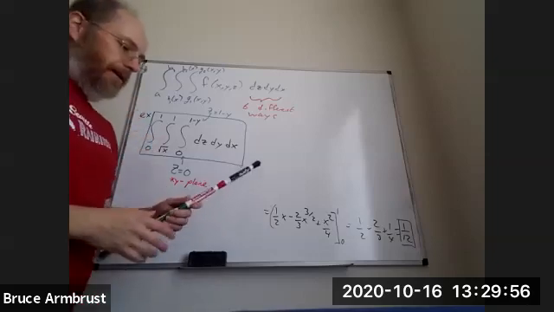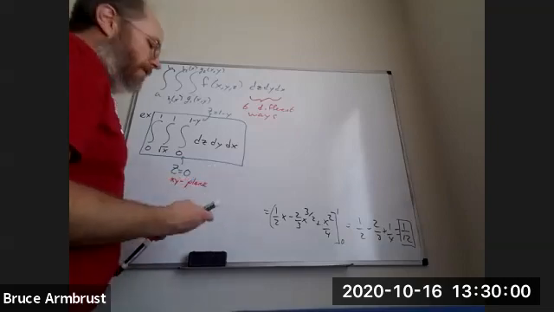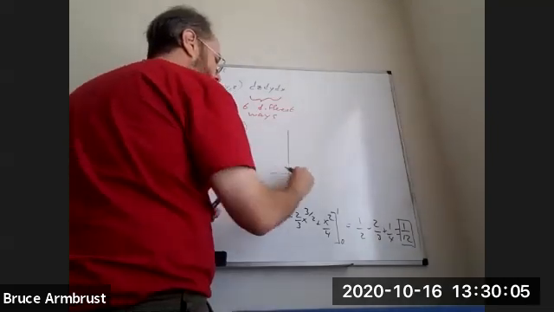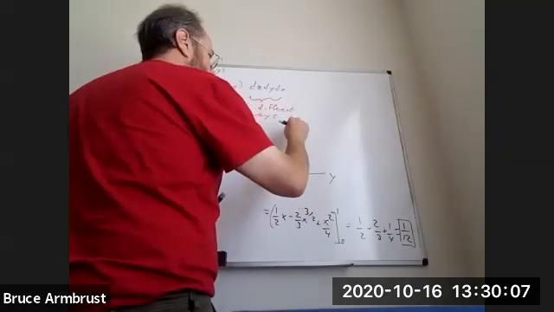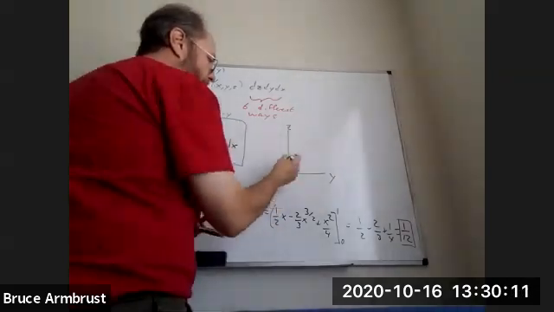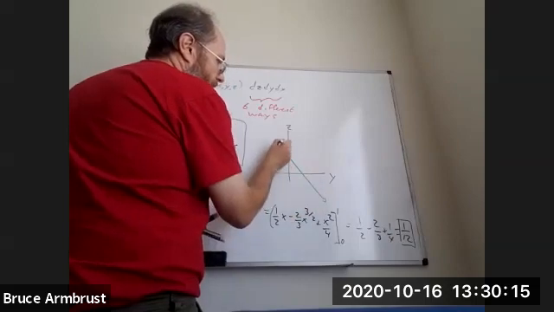Another way you can think about it is to think about what z equals 1 minus y looks like in the yz plane. Z equals 1 minus y would look like this.